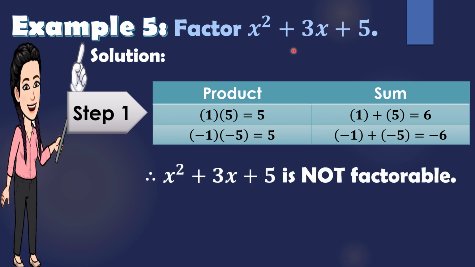Kaya naman, ang example na ito is not factorable. Ano nga ang tawag sa expression na hindi na pwedeng i-factor? Very good. Ibig sabihin, x squared plus 3x plus 5 is already prime.